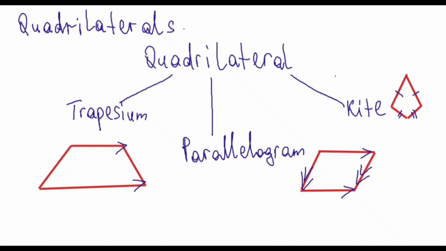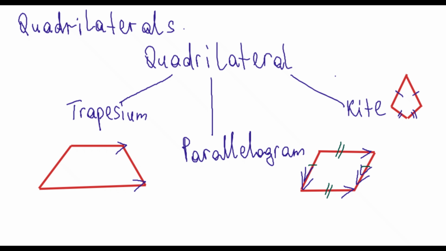In parallelogram, as we said already that there are 2 pair of parallel sides and also there are 2 pair of equal sides. So opposite sides are same and they are parallel to each other.